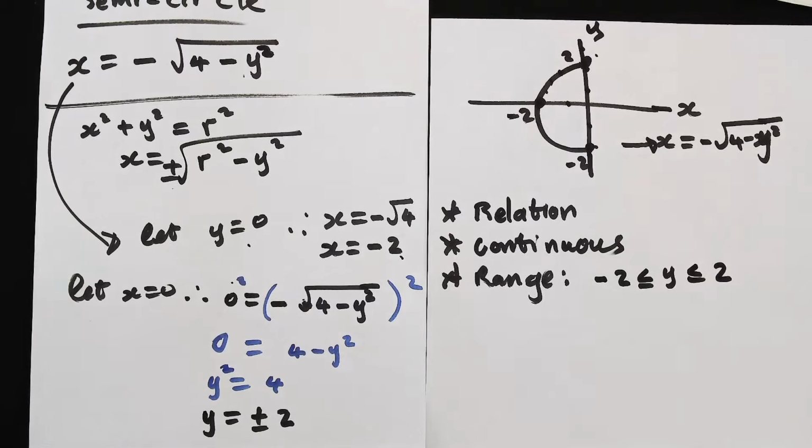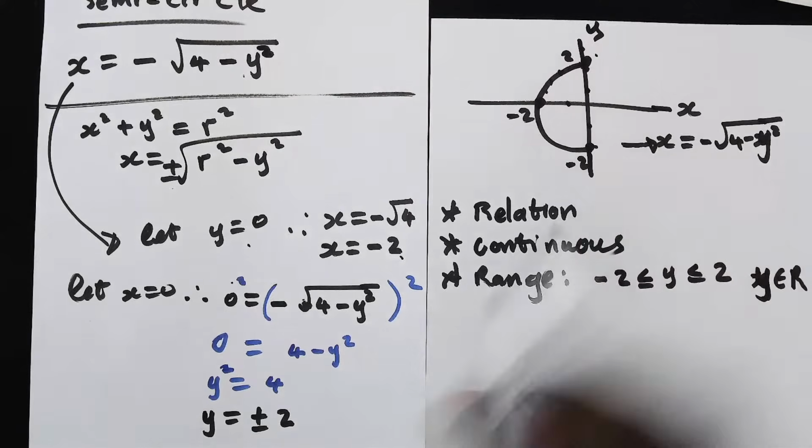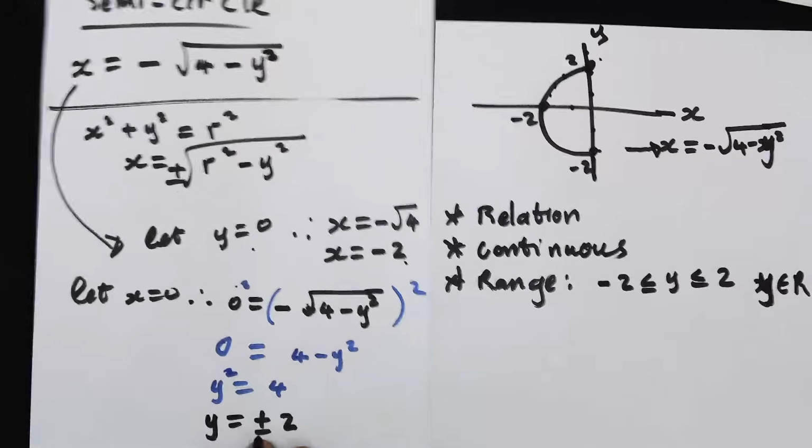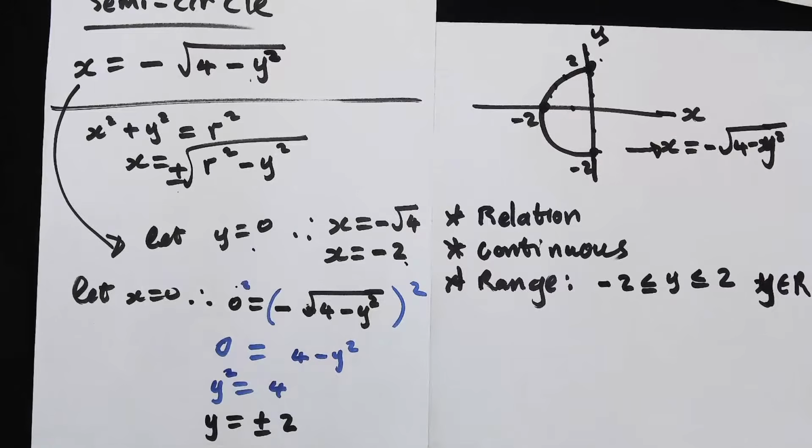Or you can say in square brackets, [-2, 2]. And I forgot to mention this: y is an element of the set of all real numbers. This is very important to note. The values that we have produced are not imaginary numbers, but real numbers.